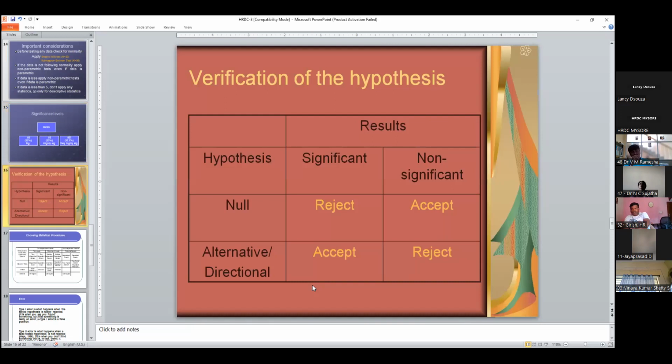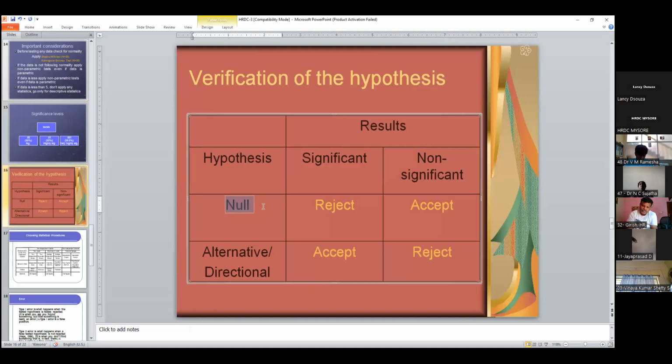Then once you know the significance, now comes how to verify the hypothesis. As I said, you may have formulated the null hypothesis or you may have formulated the alternative or directional hypothesis. In the beginning itself I said null hypotheses are meant for rejection and alternate hypotheses are meant for acceptance. Sometimes you have formulated the null hypothesis and your results are significant, so you reject the null hypothesis.